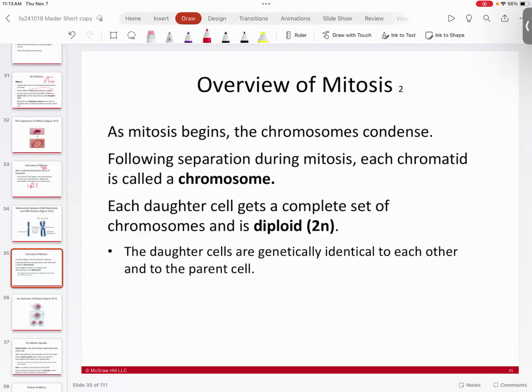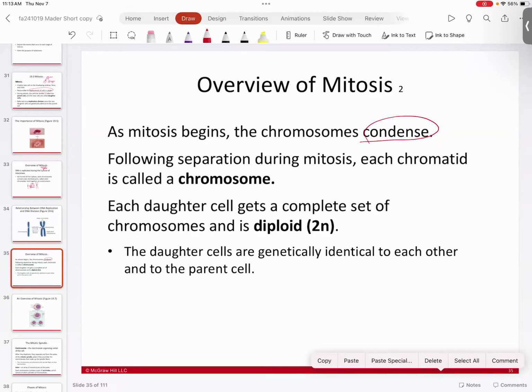Ultimately, when you begin mitosis, it doesn't just begin with duplication. Once you have your duplicated chromosomes, you have to condense them down into tighter and tighter little packages. You go from a chromatin structure, which is kind of loose, like little fibers all over the place, to a more condensed chromosome, which is more packaged. This allows you to move your chromosomes to each daughter, where each daughter gets ultimately a complete set of chromosomes.